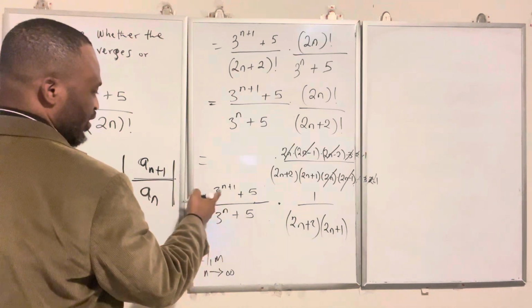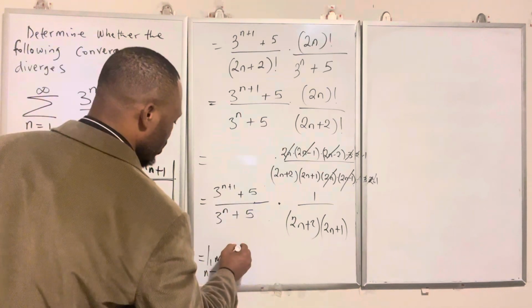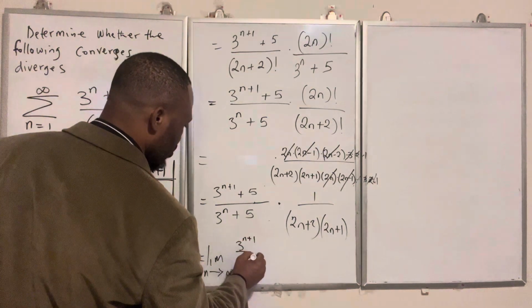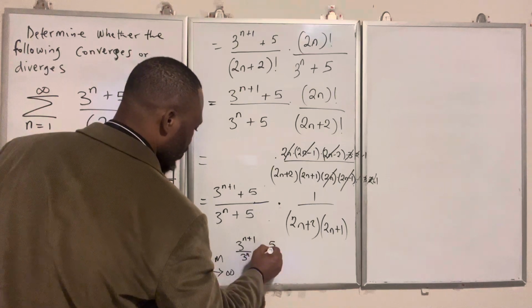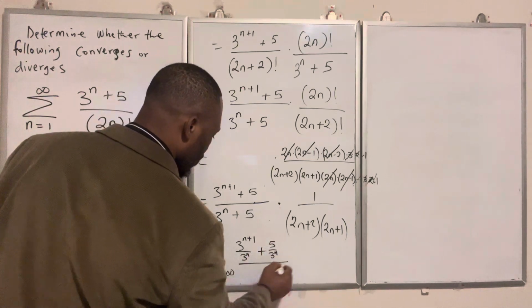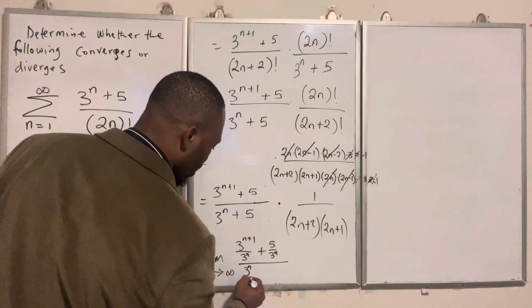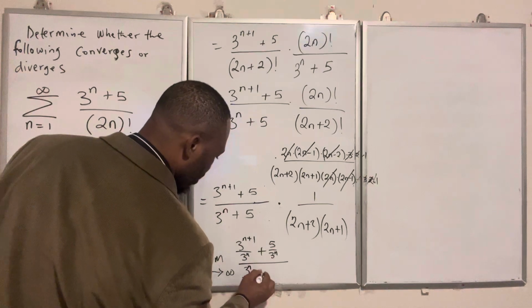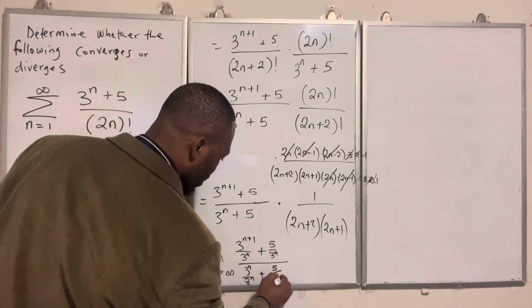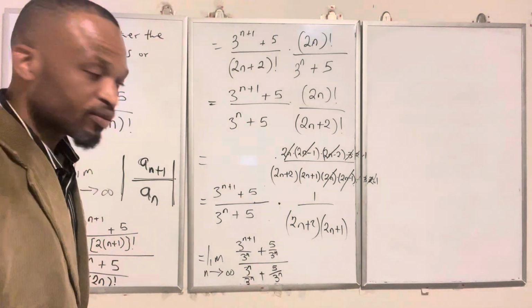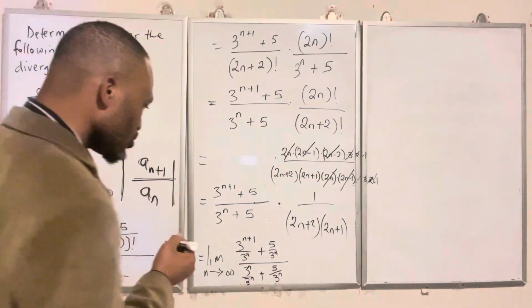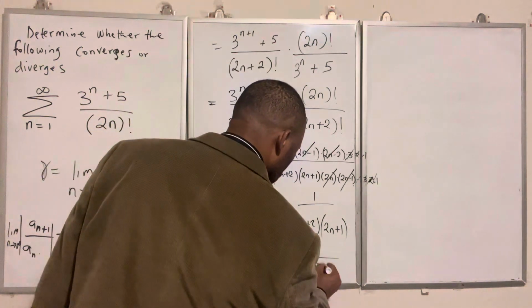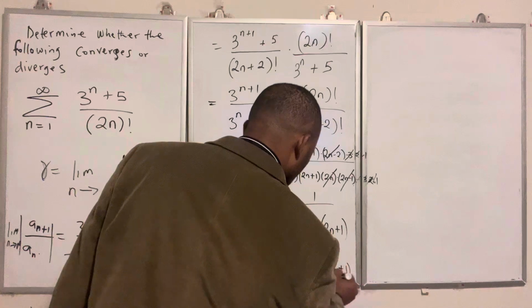So we'll use this to divide all of the terms we have here: 3 raised to the power n plus 1 over 3 raised to n, plus 5 over 3 raised to n, over 1 plus 5 over 3 raised to n, and we have 1 over 2n plus 2, 2n plus 1.